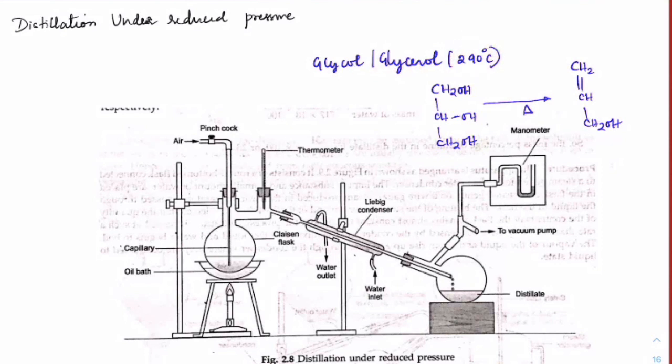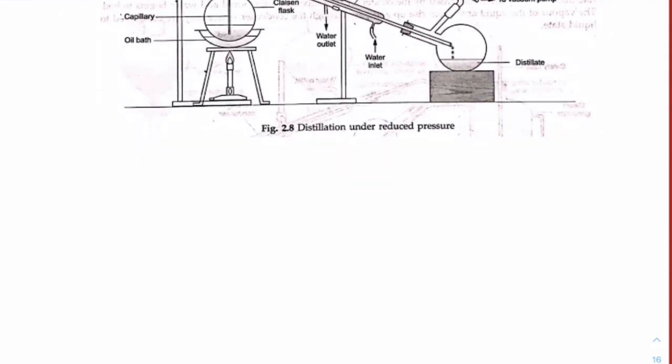So what can I do? I just told you the definition of boiling point, let me remind you once again. The boiling point of any liquid is the temperature at which the vapor pressure of the liquid is equal to the external pressure.